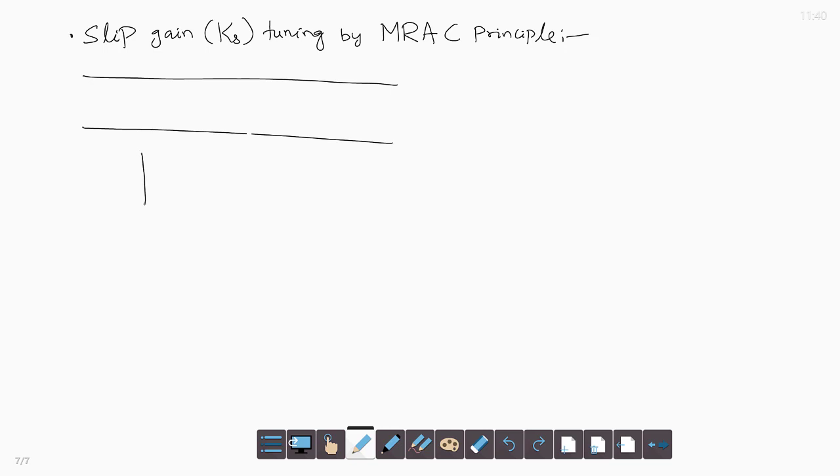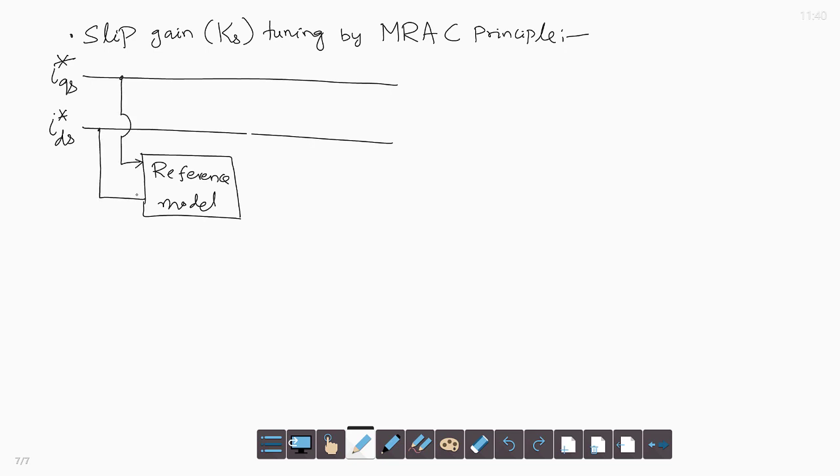So, for the vector control drive, we have the commands IDS star and IQS star. This MRAC uses a reference model which takes these command inputs as its input.